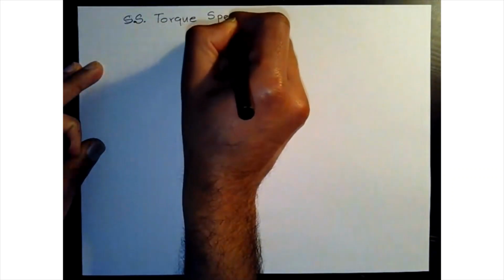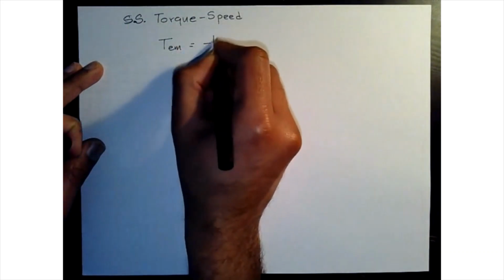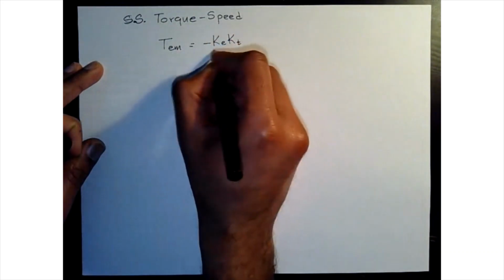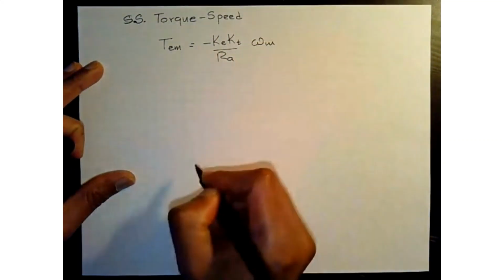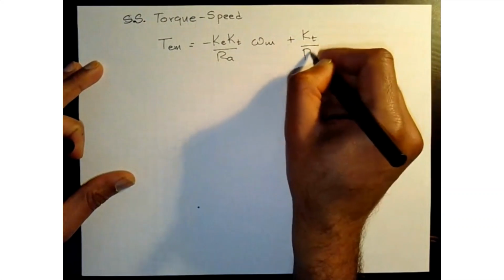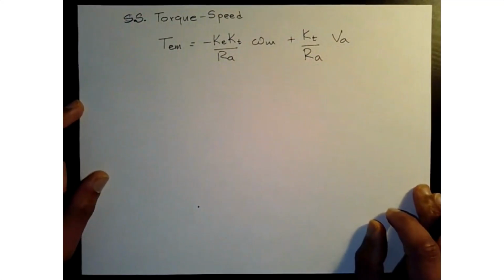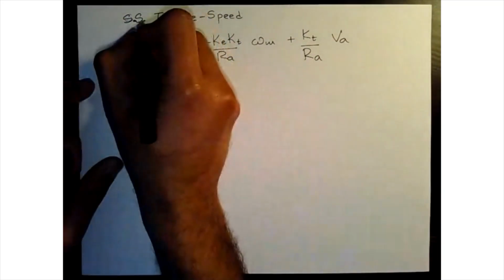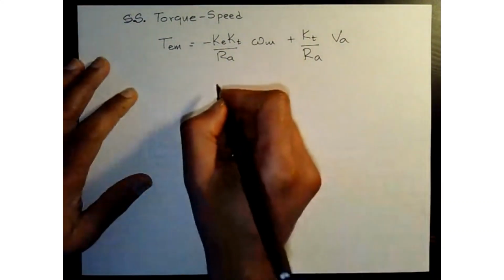We can write T_EM is equal to minus K_E K_T over R_A times omega_m plus K_T over R_A times V_A, right? We've seen this, we've had this for breakfast. Hopefully you guys did before the exam, right?